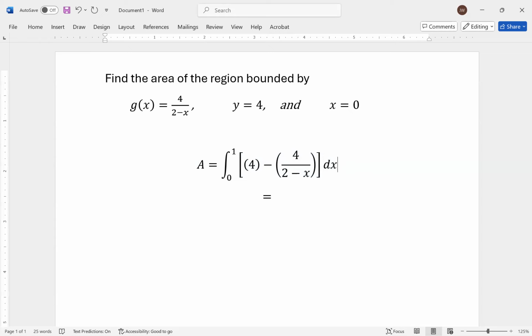Now on this one, we have to type it in carefully, obviously. Sometimes people like to distribute this negative, but the key thing is when you do 4 divided by 2 minus x, make sure you put 2 minus x in parentheses if you're typing this into your calculator.